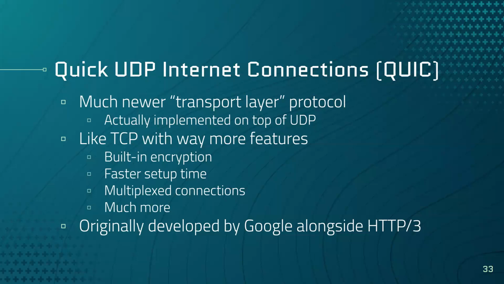It has built-in encryption and a faster setup time, so there's less latency for loading. There are multiplexed connections, so you can have multiple streams of data going over a single connection, and much more. It was developed by Google alongside HTTP version 3. I think it currently has support in Chrome.